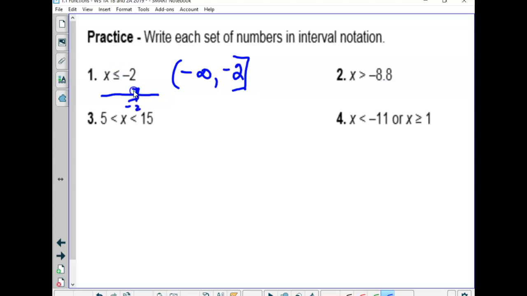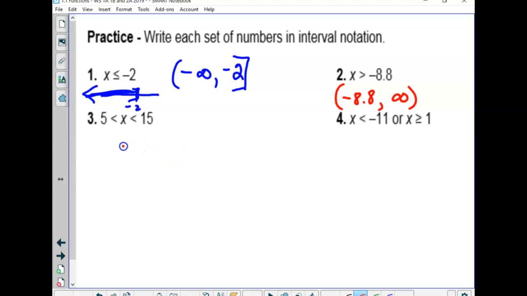Negative 2, and this is pointing to the left, it's less than, so it's going this way. Number 2, who's got this one? Brandon? Parentheses or brackets? Parentheses on both because it doesn't say or equal to. Everybody good?